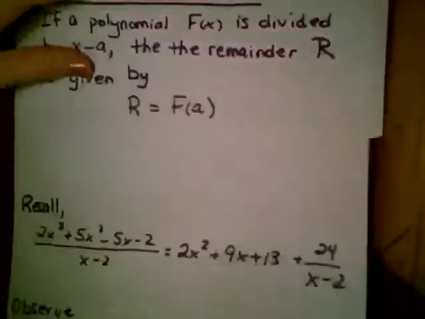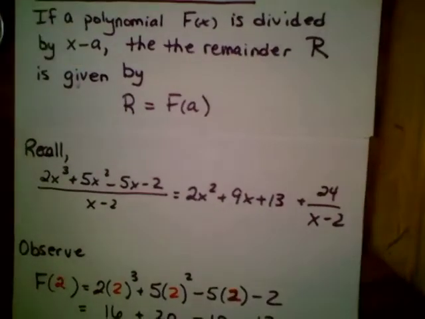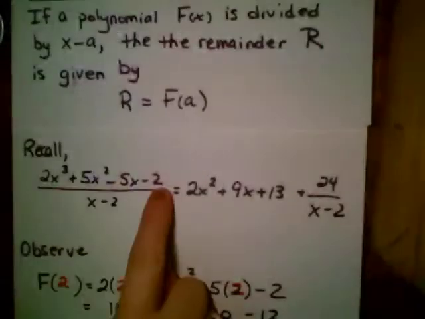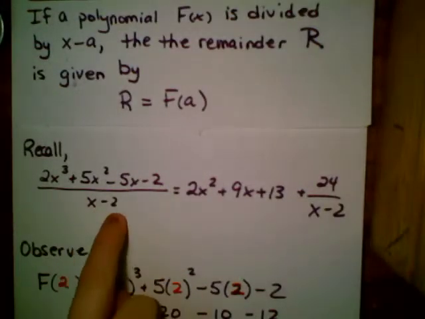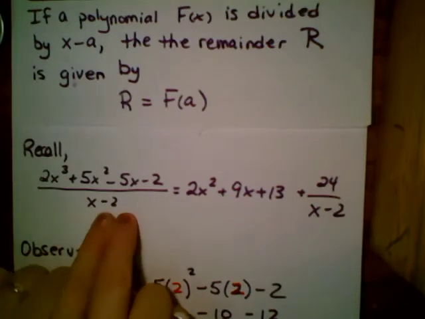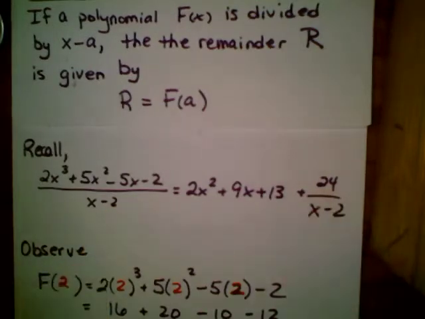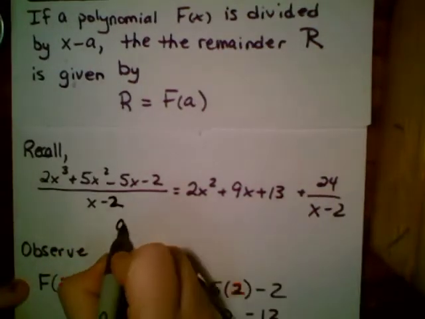So connecting that to the example we've just seen, we used 2 methods to do this division. The cubic divided by x minus 2, so a is 2, and when we did the division we got a remainder 24.